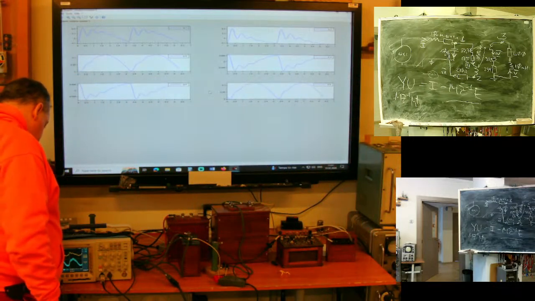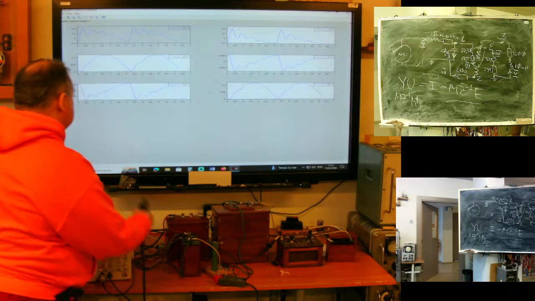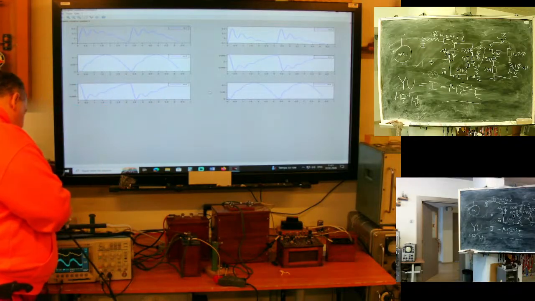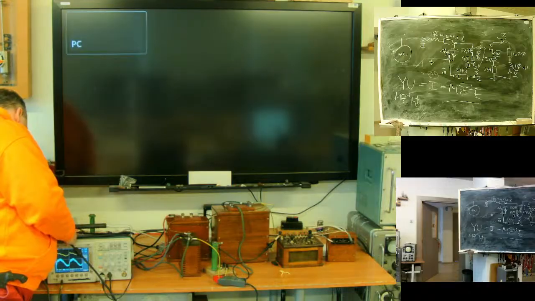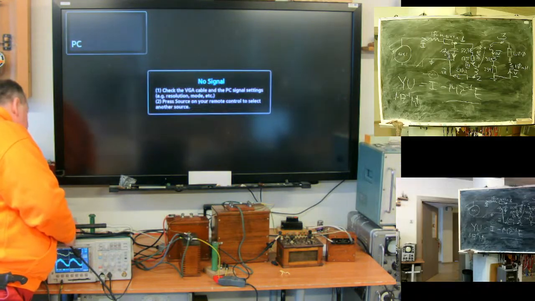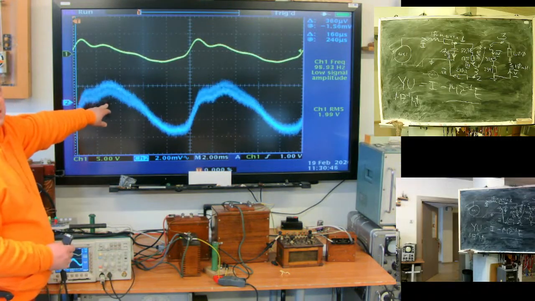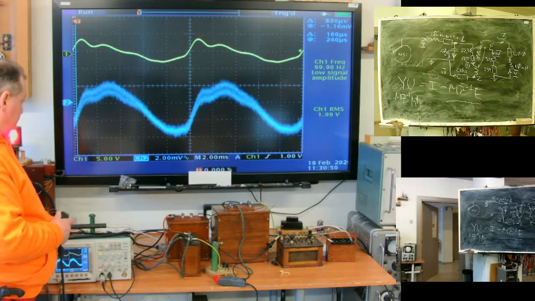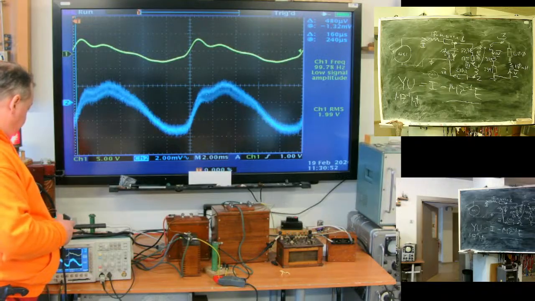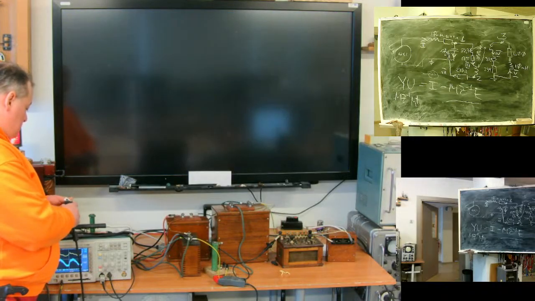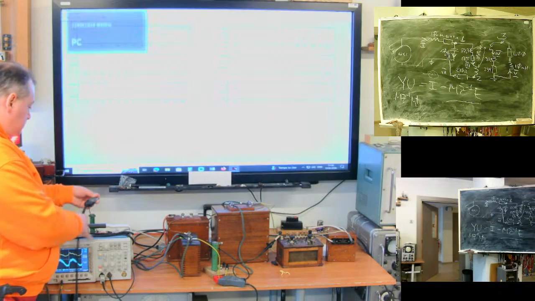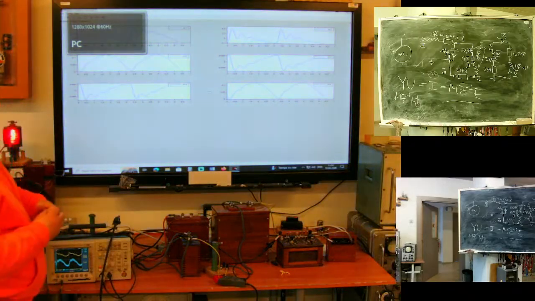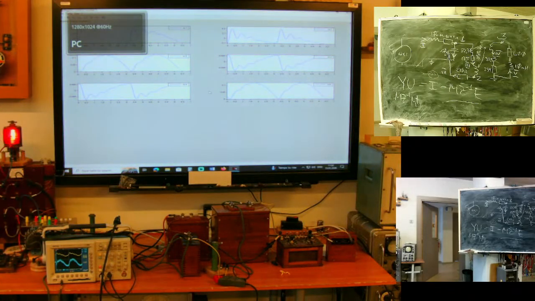Current in branch 6, and where is my this one. Blue line, current in branch 6. Yeah. Appears I solved network correctly.